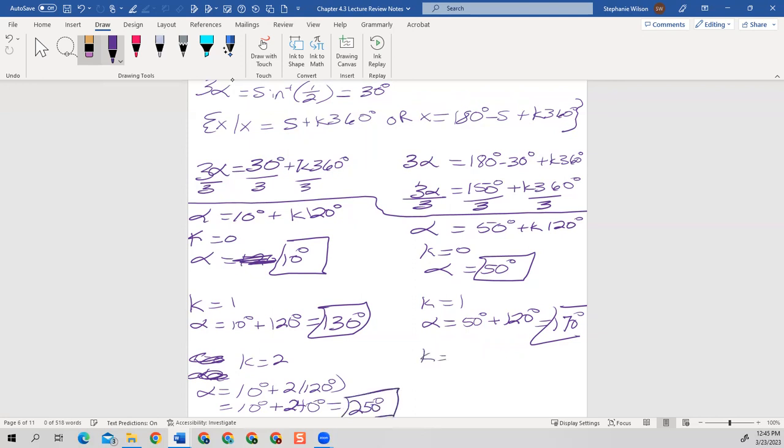Now let's plug in when K is equal to 2. We get alpha is equal to 50 degrees plus 2 times that 120 degrees. That gives me 50 degrees plus 240 degrees. And that's a total of 290 degrees. So we got 6 values here.